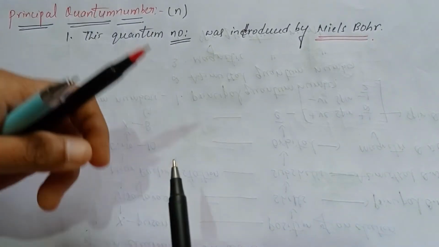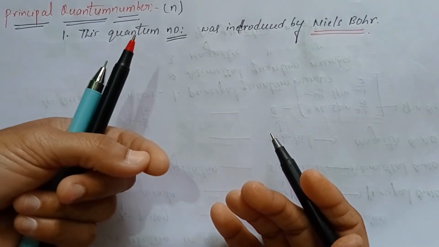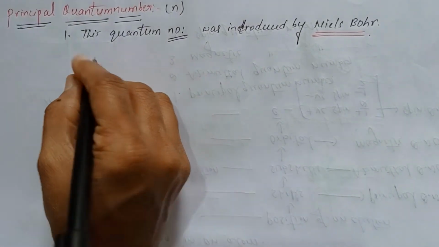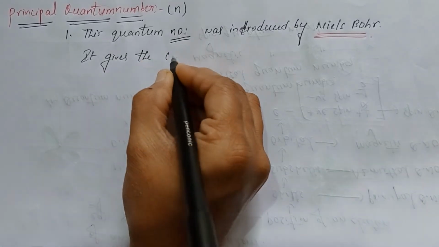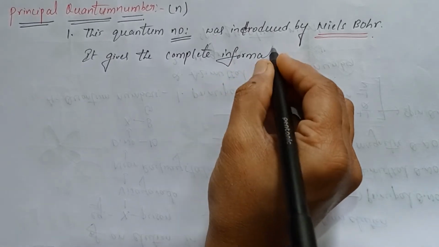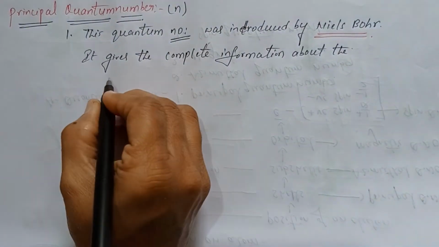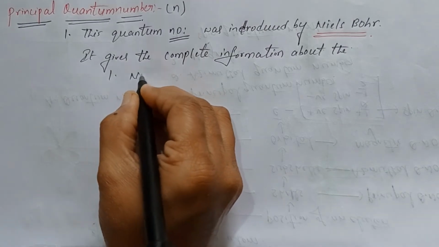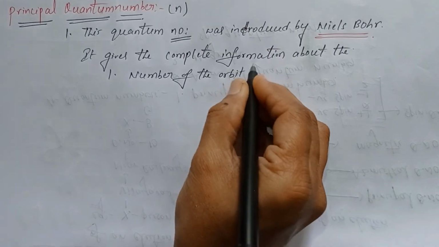And after that, it explains about the number of the orbit, size of the orbit, energy of the orbit. That means it gives the complete information about, first, the number of the orbit, number of the shell. Orbit or shell, both are the same, students.